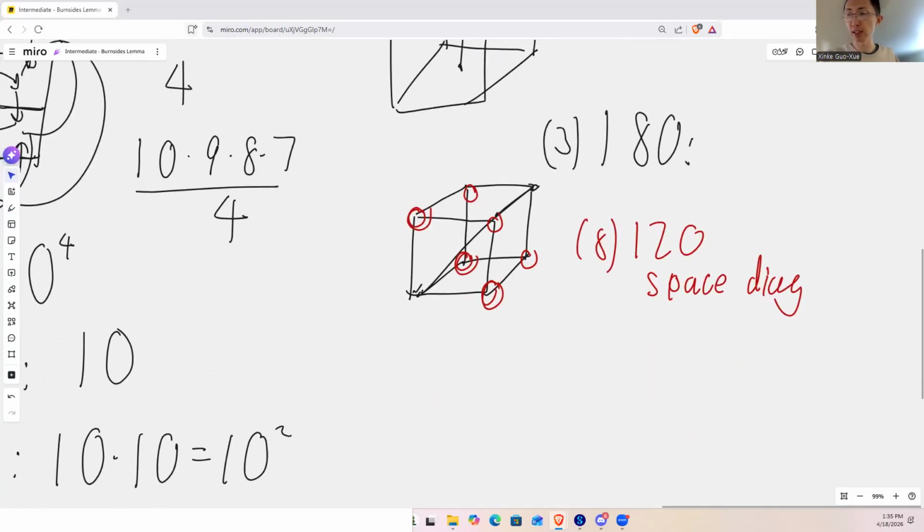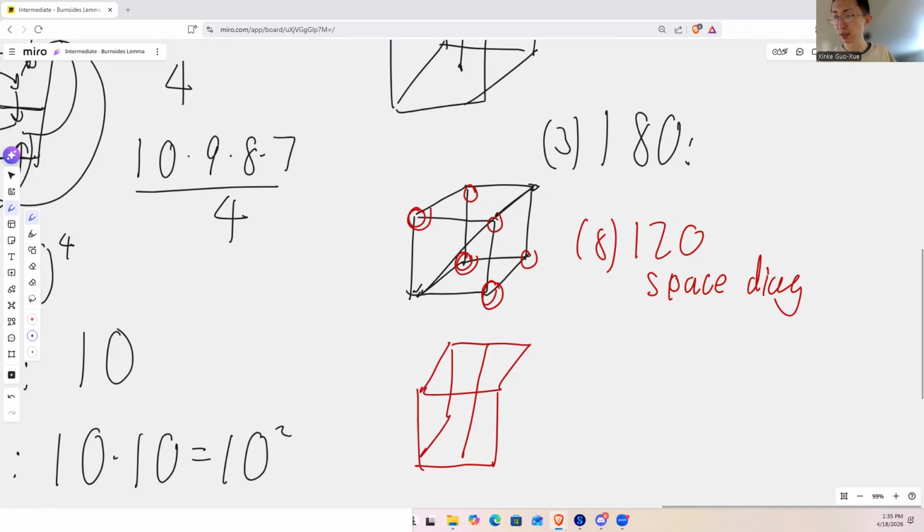We can connect midpoints of opposite edges. So for instance, we could connect the back up edge with the front down edge, the front bottom edge. And then we can rotate 180 degrees there.